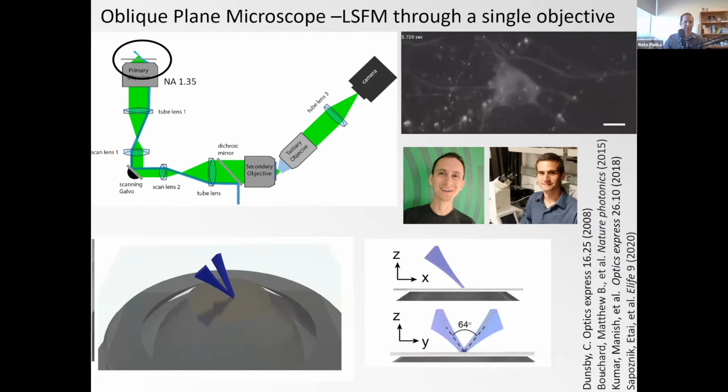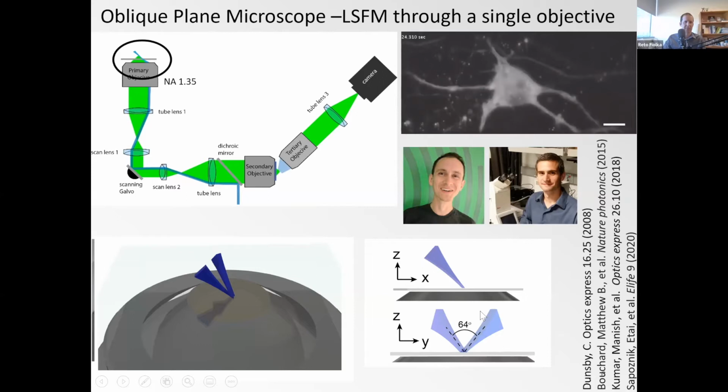To better explain this, here I show schematically the light sheet coming out at an oblique angle of the objective. It diverges, but the usable beam waist is somewhere here. But in that plane, these two light sheets can essentially propagate away from each other. The angular range is limited.